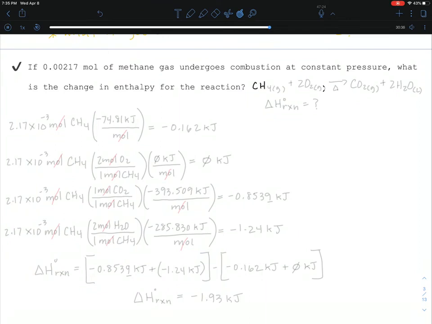So methane in the gas phase, 2 moles of oxygen gas is going to give us 1 mole of CO2 gas. And if we're going to use those data, I'm going to keep the water in the liquid phase. And they want to know what the change in enthalpy for the reaction is going to be.